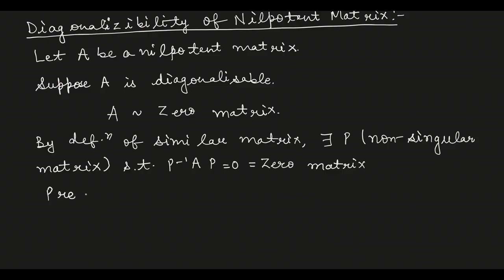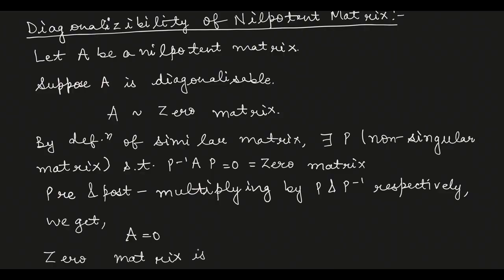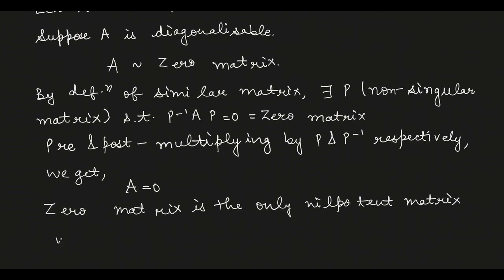So pre and post multiplying by P and P inverse respectively, we will get A equal to 0, which means that the 0 matrix is the only nilpotent matrix which is diagonalizable.